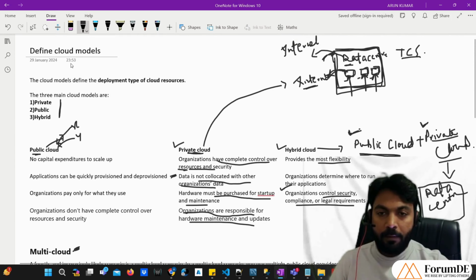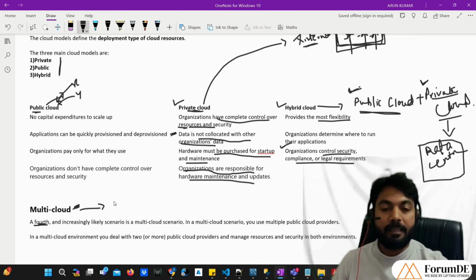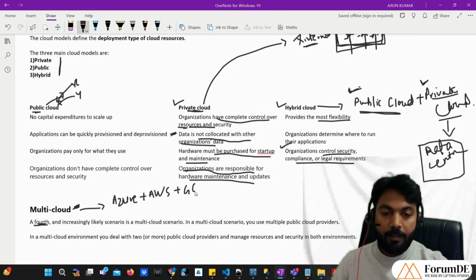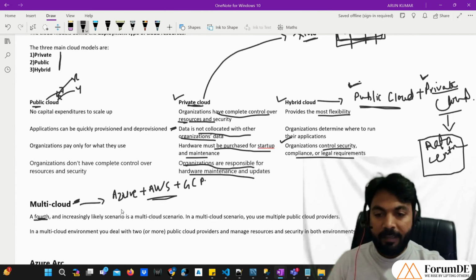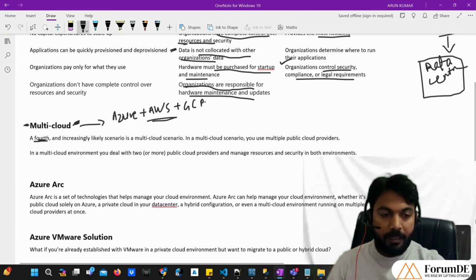Here, a company uses cloud platforms provided by multiple cloud providers like Azure, AWS, and GCP. If any company is using multiple cloud platforms, then we can say that company is using multi-cloud.